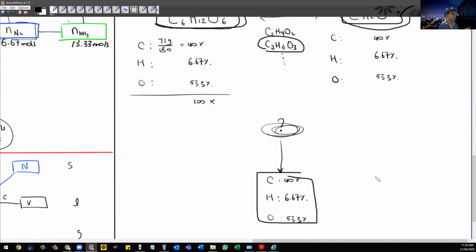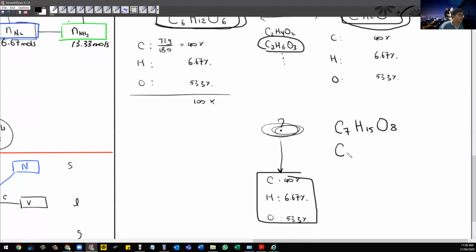The empirical formula is the formula with the lowest possible integer ratio. So if you have, for example, C7H15O8, that's the empirical formula. If you divide that by 7 or 15 or 8, you can't reduce any further. You can't divide all of them by 2 or 3.